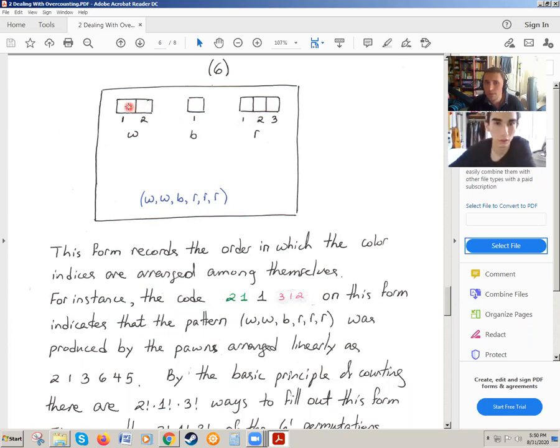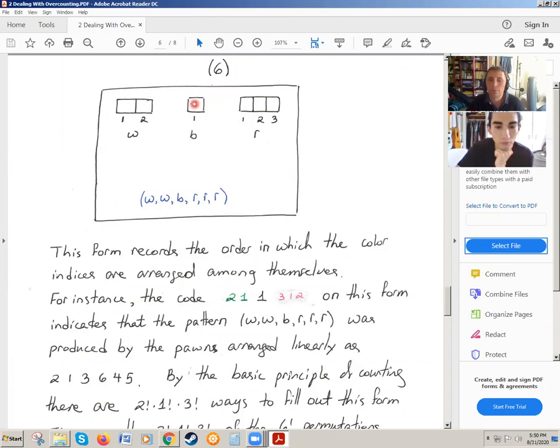So if I fill this form, independently this box is filled, and independently those 3 boxes are filled. That's why we have 2 factorial times 1 factorial times 3 factorial. Each box represents an experiment that has a number of possibilities. This experiment has 2 factorial possibilities. This experiment has 3 factorial possibilities. This has only 1. Do you follow me? If you do, write yes.